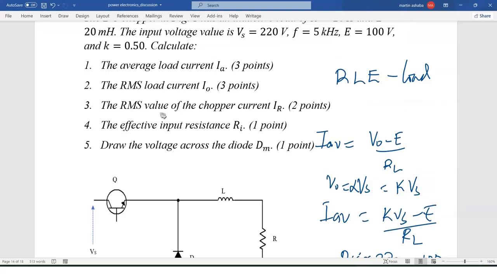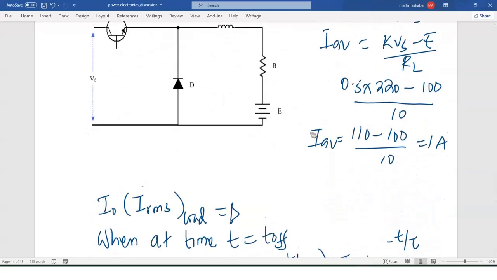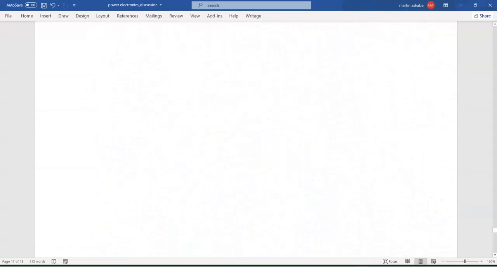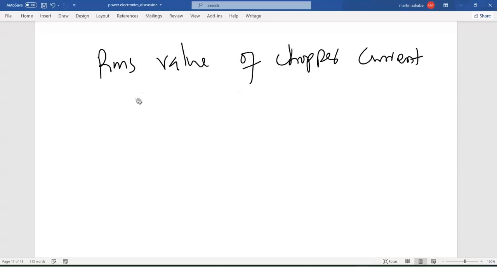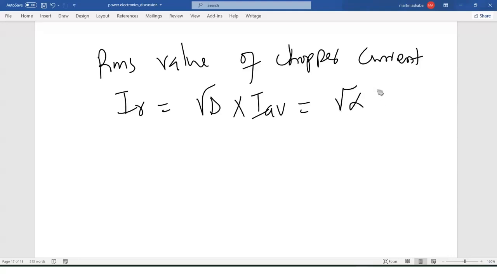Then let's look for the RMS value of the chopper current. So the RMS value of chopper current, IR, is going to be the square root of the duty cycle multiplied by the I average. So this is going to be root of alpha I average, and this is square root of 0.5.